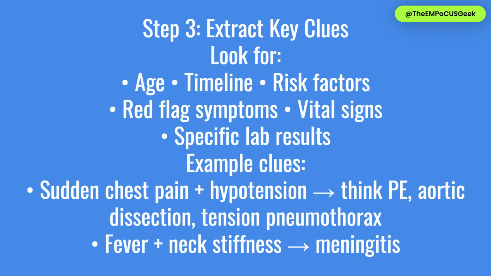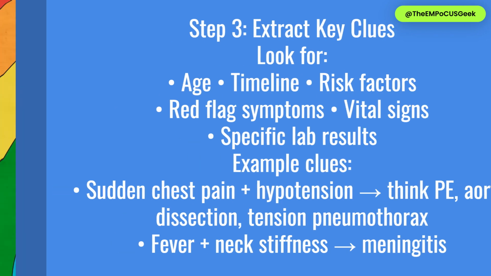Look for age, timeline, risk factors, red flag symptoms, vital signs, specific lab results. An example for clues would be sudden chest pain with hypotension. Think of pulmonary embolism, aortic dissection, or tension pneumothorax. Fever with neck stiffness. Think meningitis.